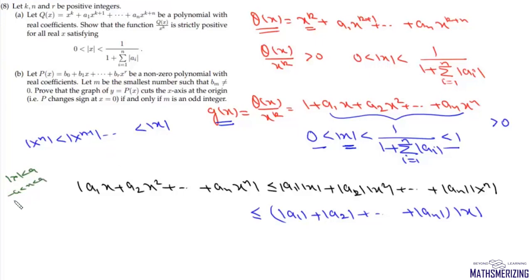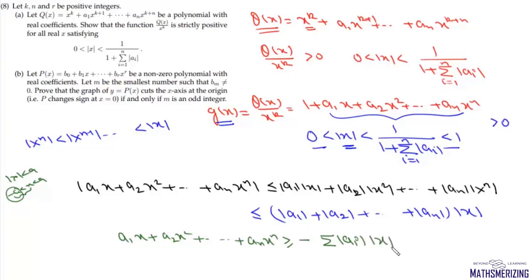Now we know that if mod x is less than a, then x lies between minus a and plus a. And since we have to find the minimum value of this expression, we can write a1x plus a2x square plus an x to the power n, and this value should be greater than or equal to minus the summation of mod ai into mod x.